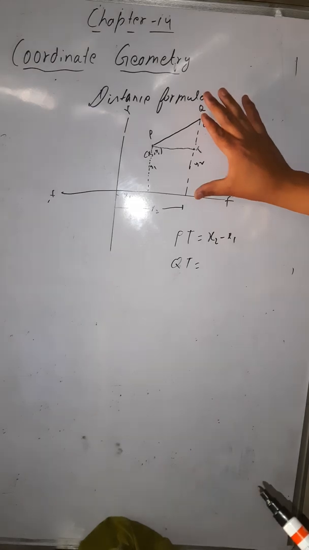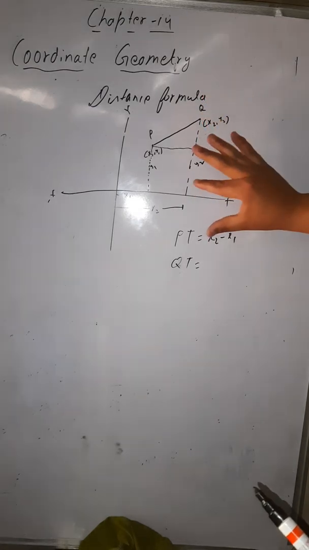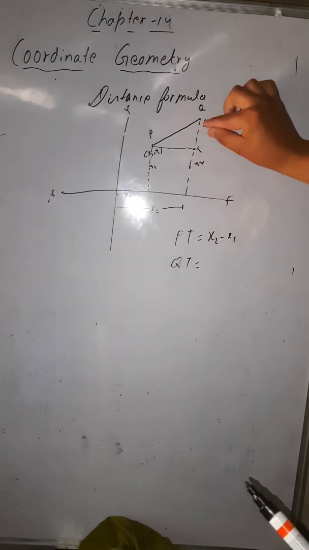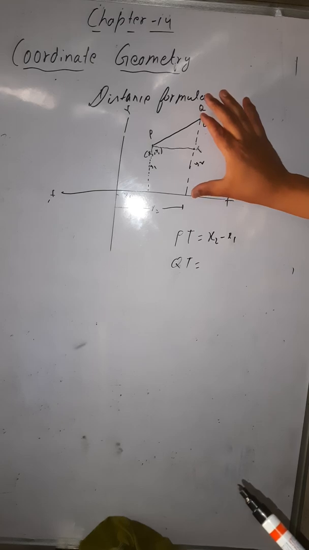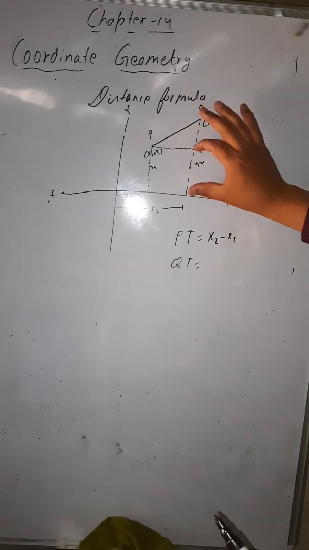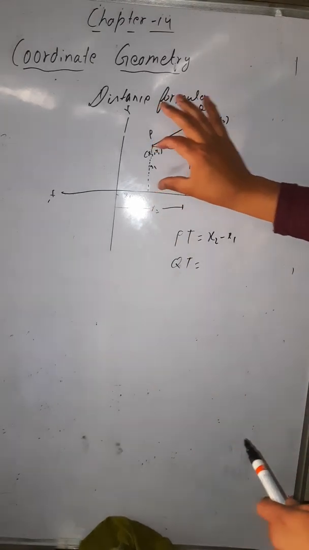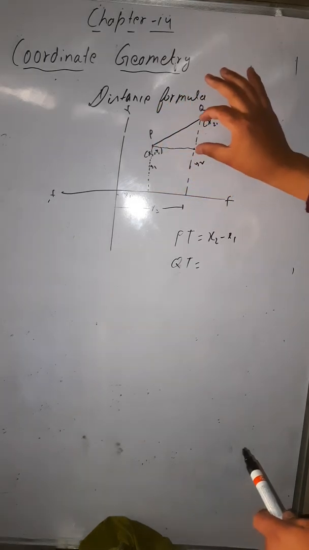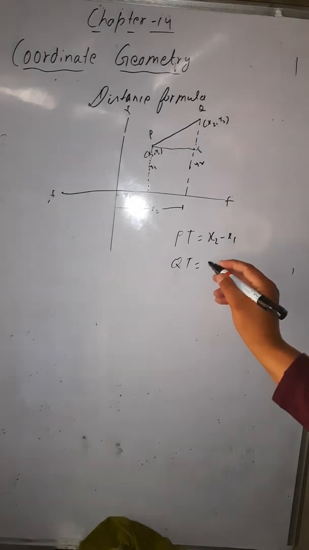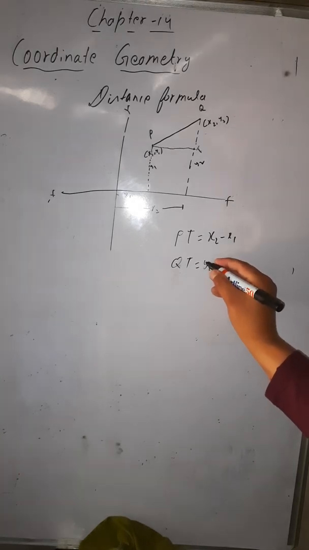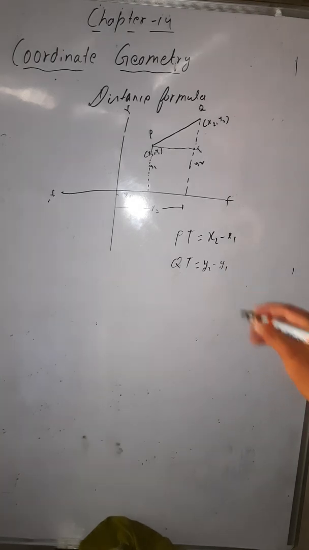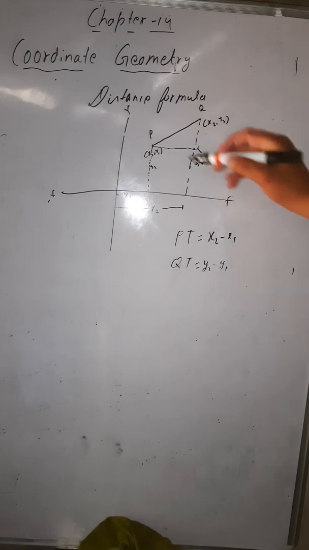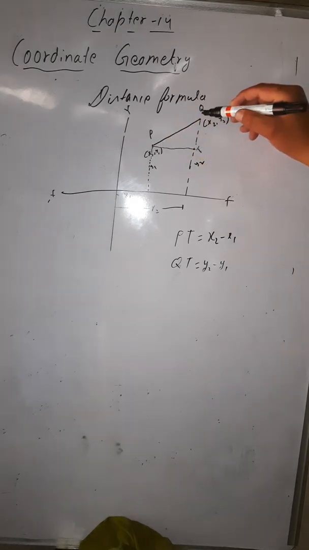This complete distance is y2 from here to here, and this much distance is y1. So when you subtract y2 minus y1, you will get QT. So QT will be y2 minus y1.